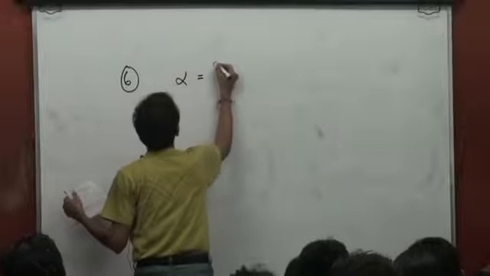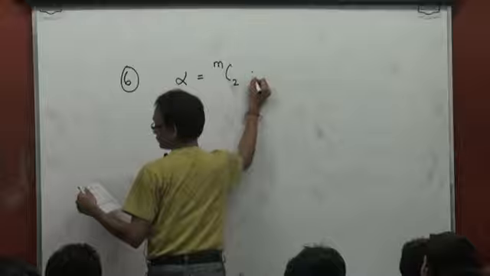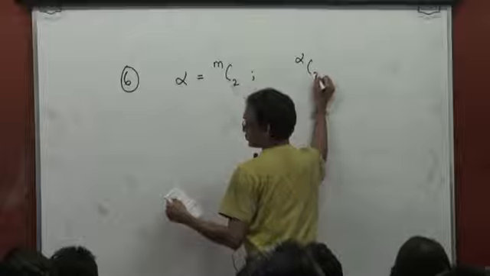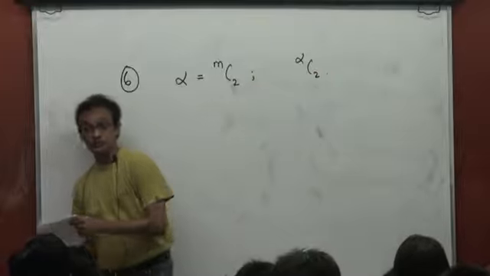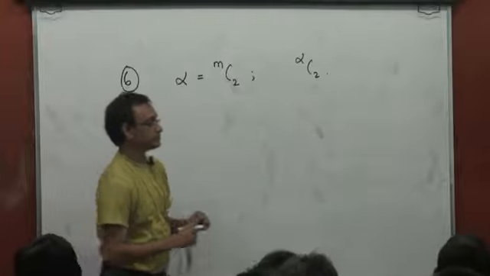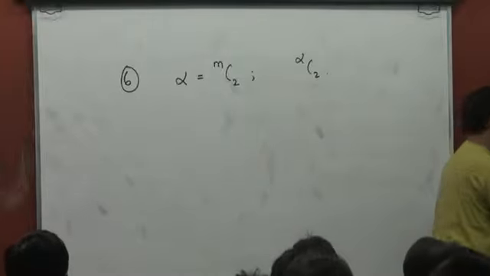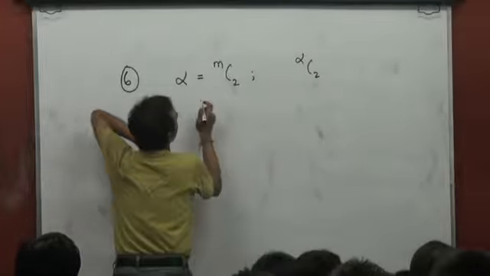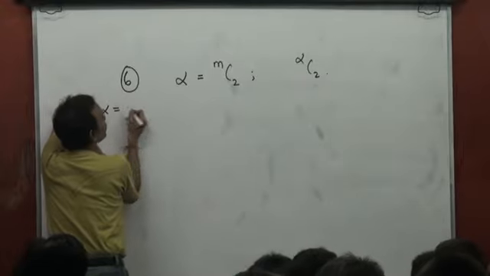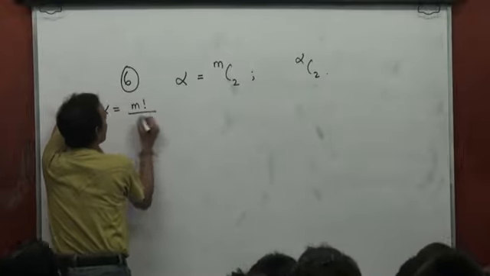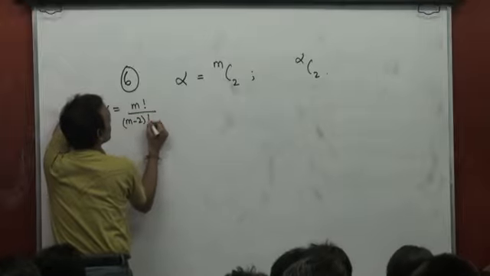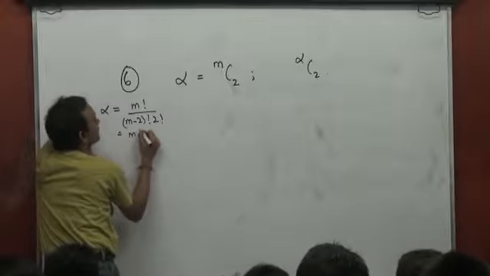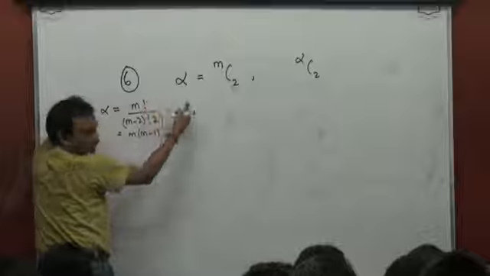In question 6, alpha is MC2. We want to find the value of alpha C2. Right? Alpha is MC2, which is m factorial by m minus 2 factorial by 2 factorial, which is m into m minus 1 into m minus 2 factorial.